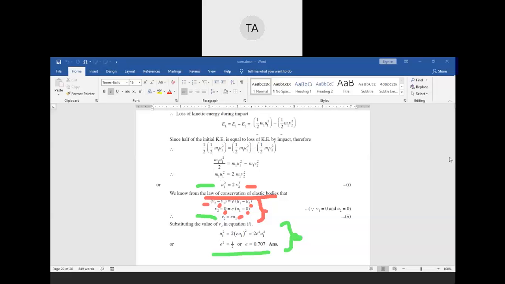Okay. So I think this numerical is clear for everyone. Yes sir, it's okay.